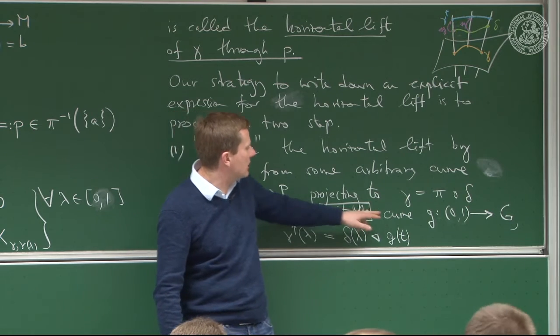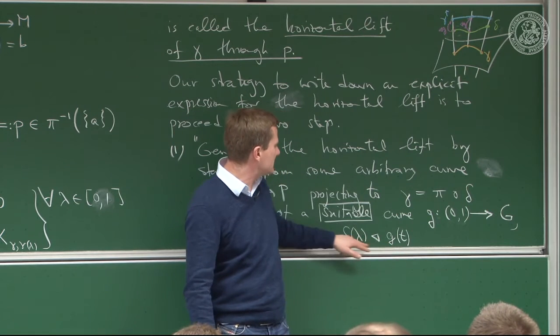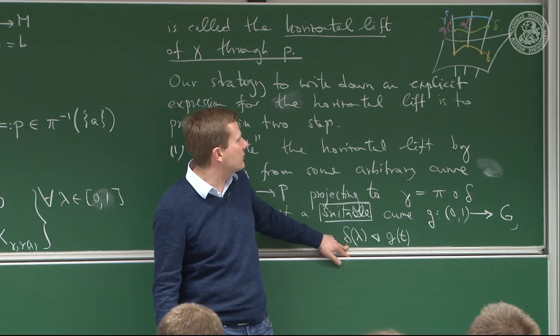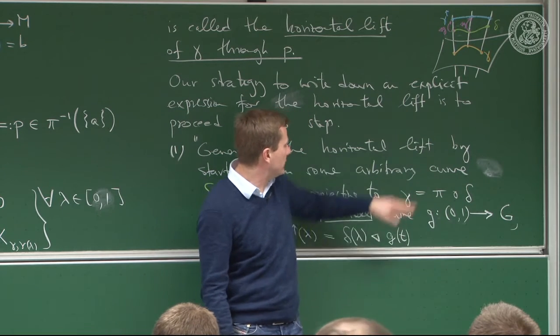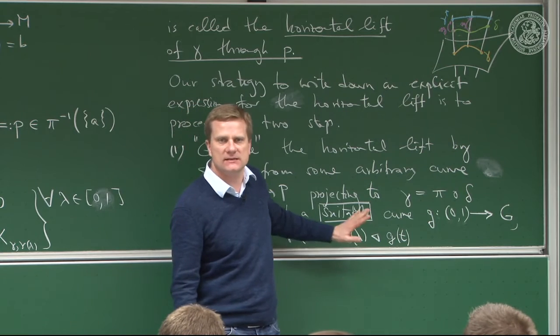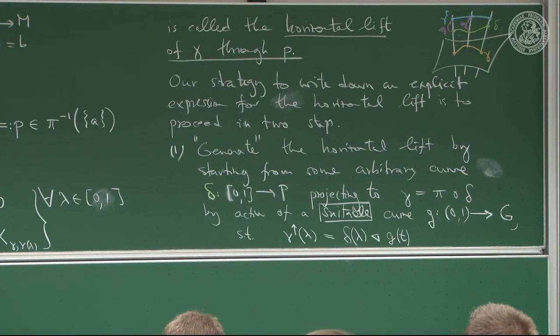And of course, this ODE for this curve must involve the delta, because it will be a different curve in the group depending for different deltas, right? So that's the strategy we're going to follow. Okay. Questions so far? Yeah?